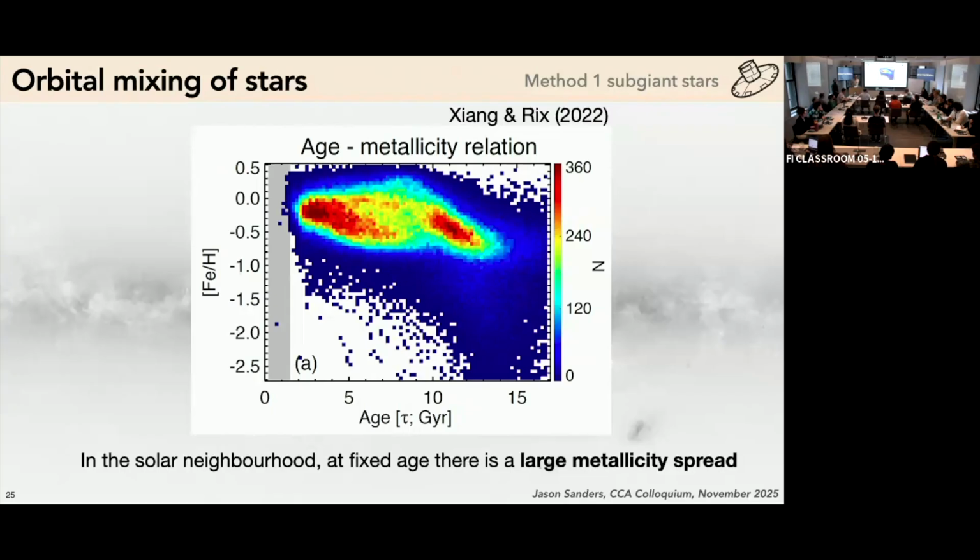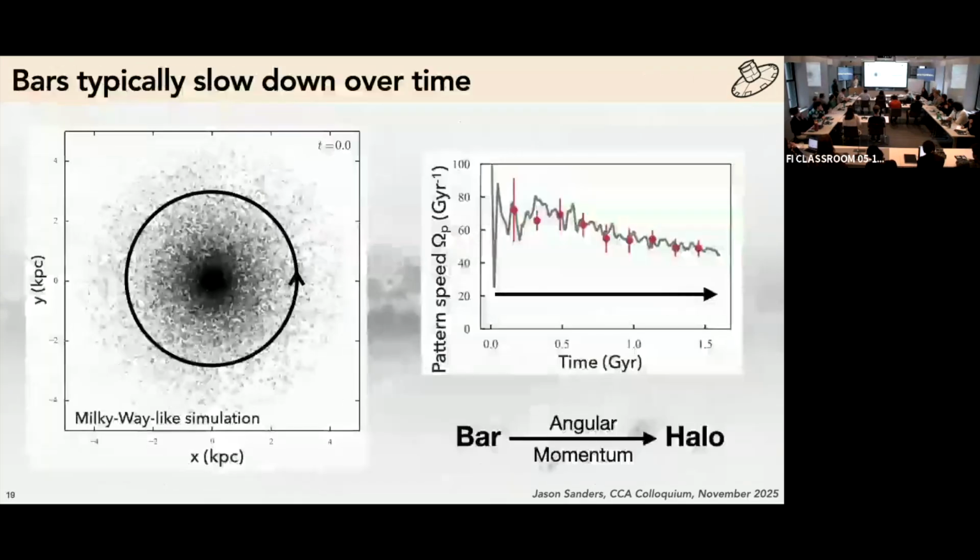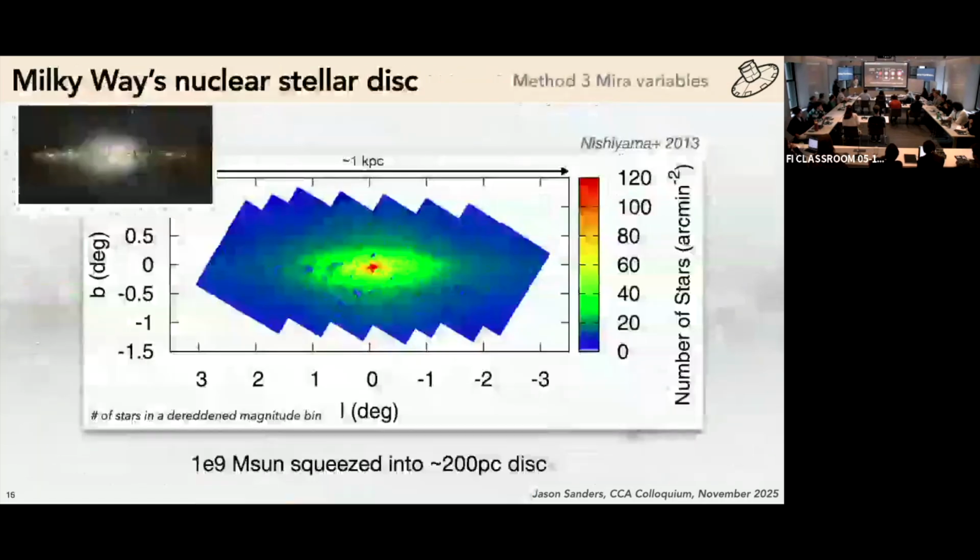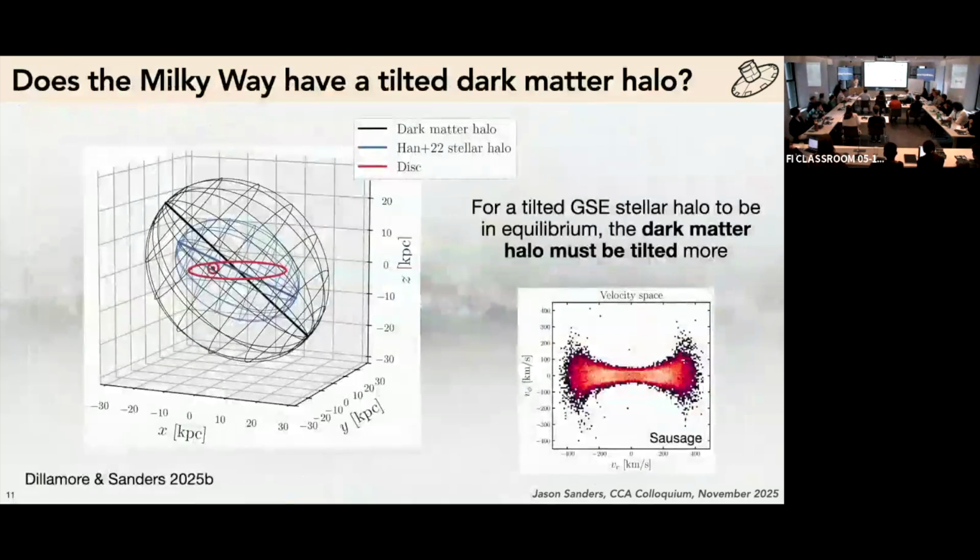So back on this question of the dark matter halo being off center or tilted, is that something you could look at in cosmological simulations and see if there are instances of something like this? Yeah. In Adam's paper, there's one TNG50 galaxy that we show that exhibits the same kind of behavior, that you have this hierarchy of the disk, the stellar halo, and then the dark matter halo.